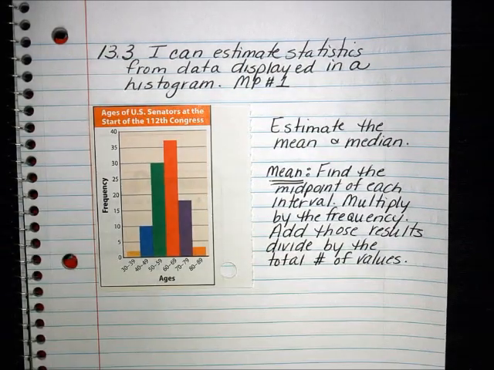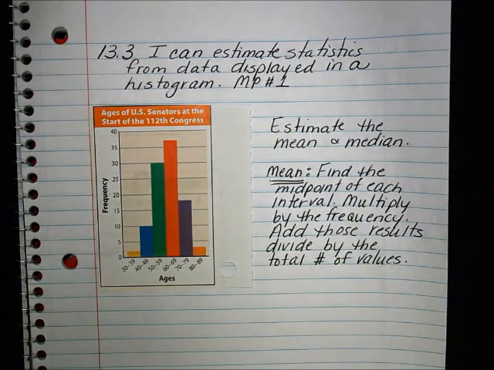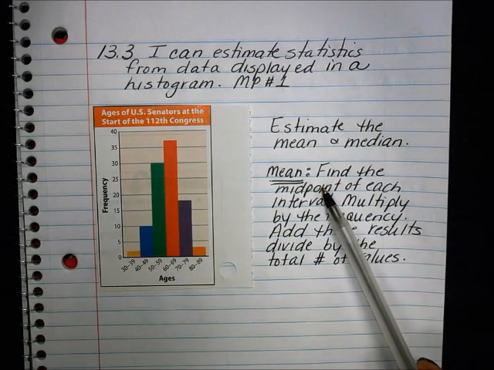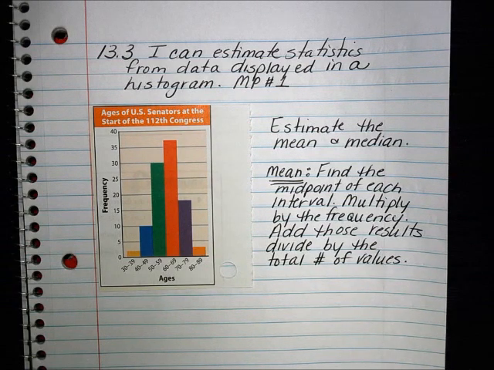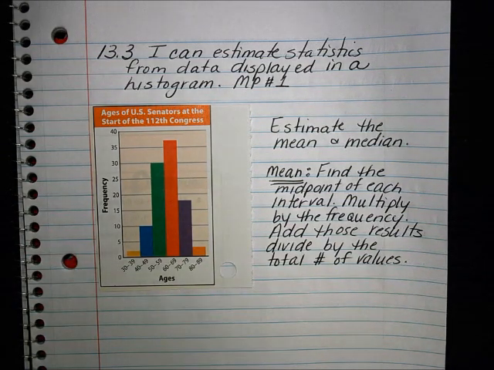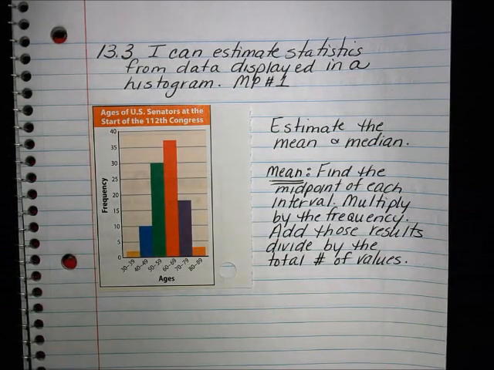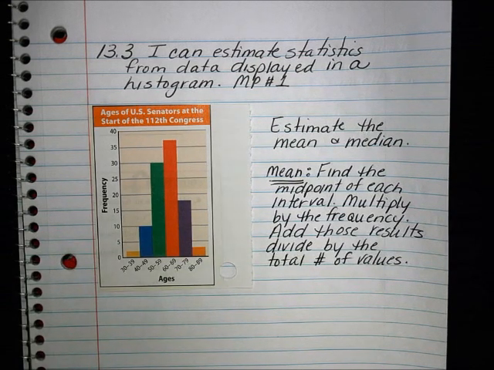Now, adding all the results and dividing by the total number of values, that should sound familiar, right? That's how we find a mean. So what we're doing is we're finding the middle of the interval, like the middle age of each one. We're going to multiply it by how many people there are in that area. And then we'll add all that up and divide it by how many people there are to get the mean.